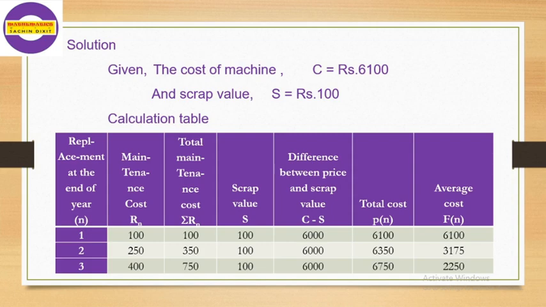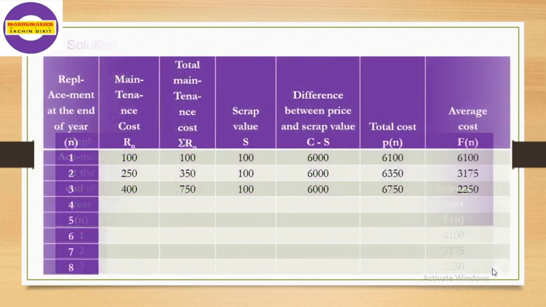So we come to the next year, and for that we have to expand this calculation table. Up to the third year we have come, and we have to write down for the next. We have to stop when this decreasing value starts to increase.